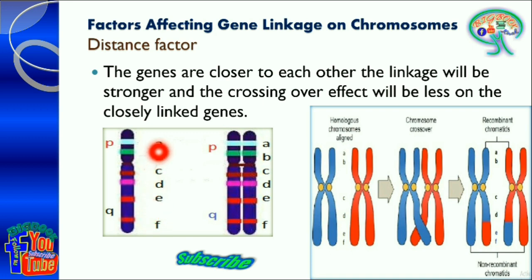So A and B are closely located to each other, while C, D, E, F are located on the other arm, so they are not closely located to A and B. Also C and D are very closely located.